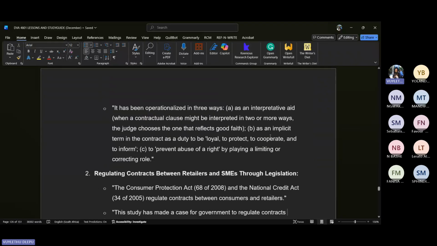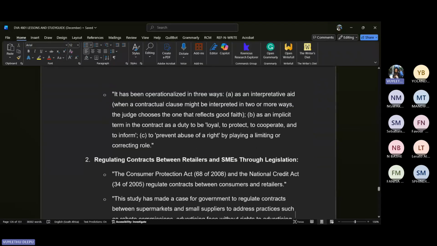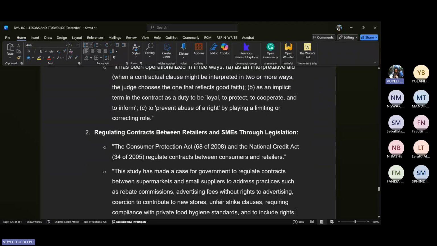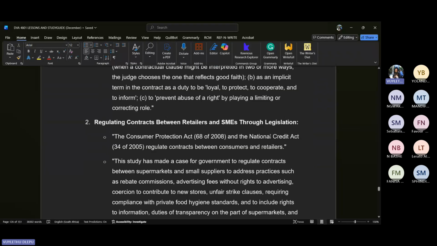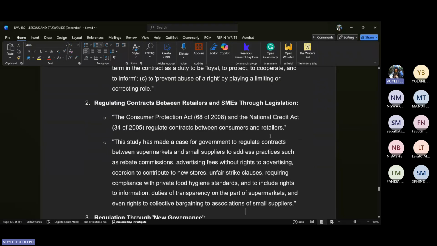So regulating contracts between retailers and SMEs through legislation, there's the Consumer Protection Act 68 of 2008 and the National Credit Act 34 of 2005, which regulates contracts between consumers and retailers.